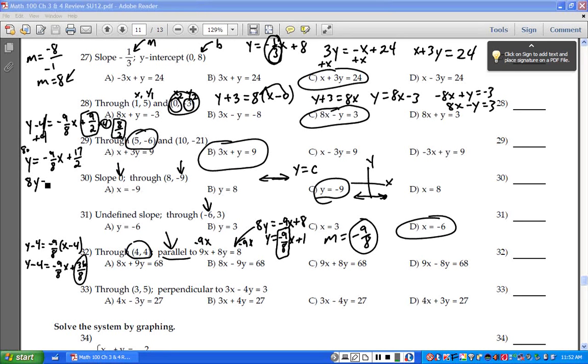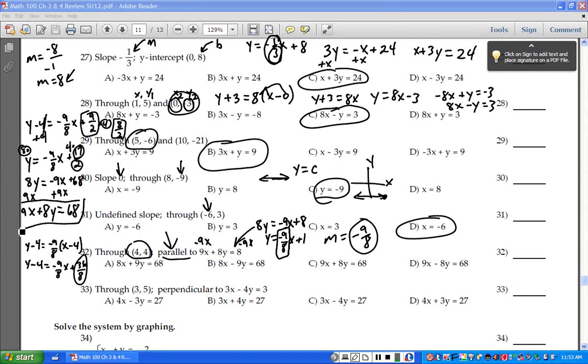That gives me an 8y equals -9x plus 8 divided by the 2 right here. 8 divided by the 2 leaves a 4, so then I say 4 times 17, which gives me 68. Alright, now I bring my x over with my y. So 9x plus 8y equals 68 is the standard form.